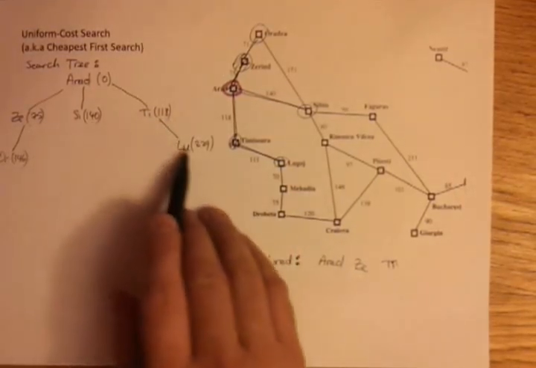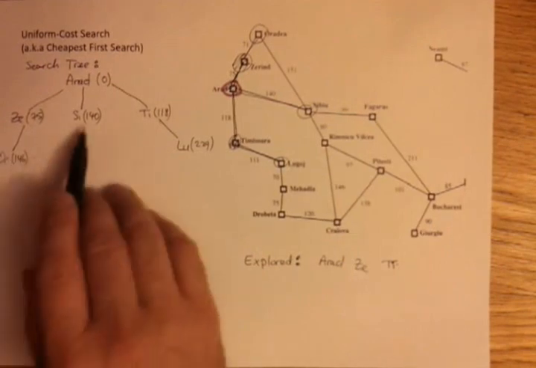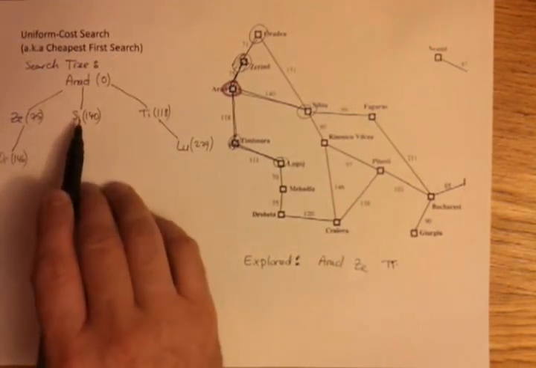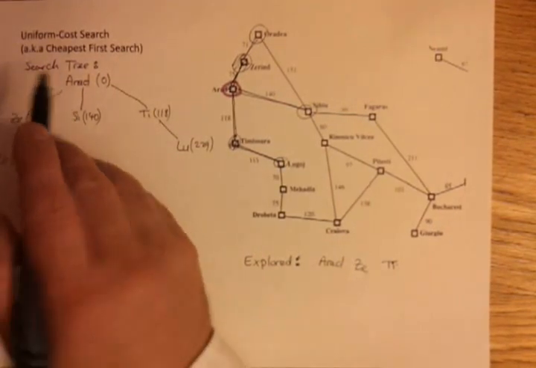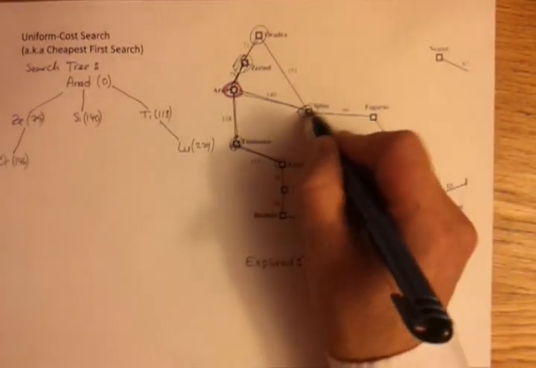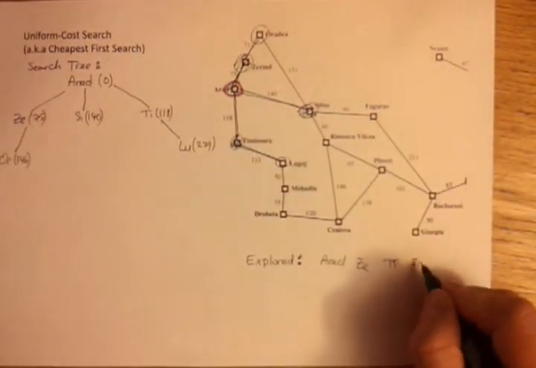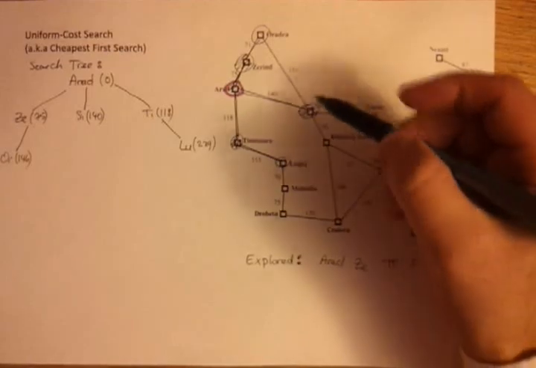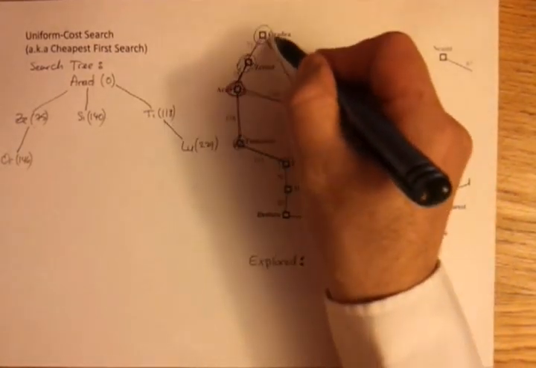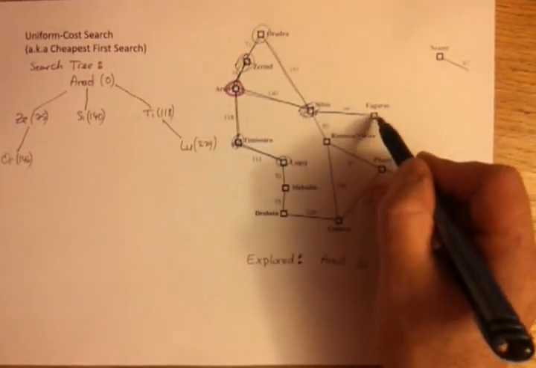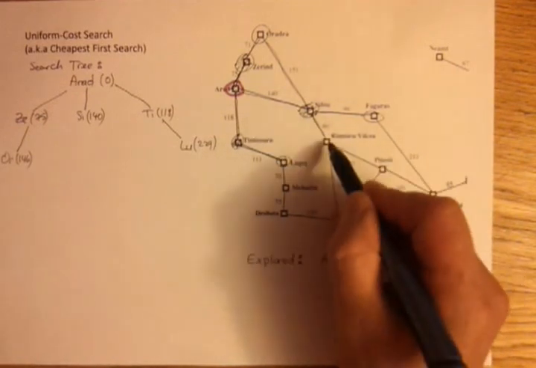We now scan our queue again. The lowest cost now is C. So we're going to expand that. It has 3 next neighbors: Oradea, Fagaras, and RV, as we'll call it.